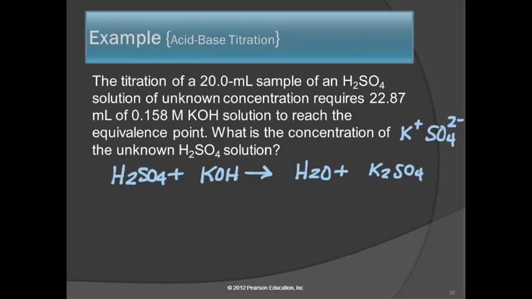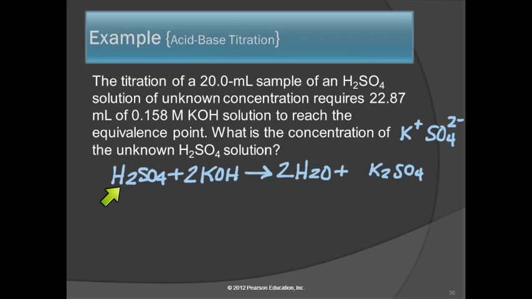So if I put 2 in front of KOH, that balances the potassiums. I've got SO4 and SO4, so those are okay. Here I've got H2O, 2 hydrogens, and here I've got 2 hydrogens from one and 2 from the other, 4. So I need a 2 in front of the H2O.